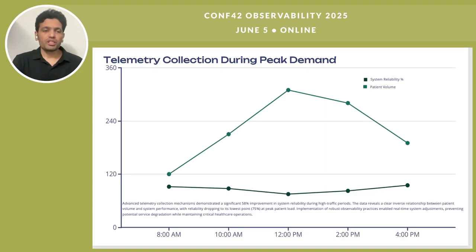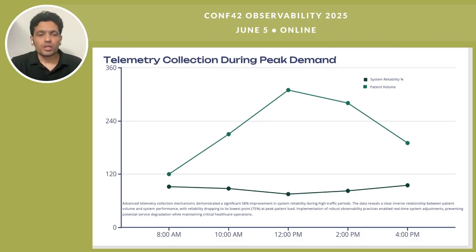By implementing advanced telemetry collection, we achieved a 58% improvement in system reliability during this period. Real time adjustment based on observability data prevented service degradation, ensuring critical healthcare operations continued smoothly. This highlights how observability maintains stability when it matters most.